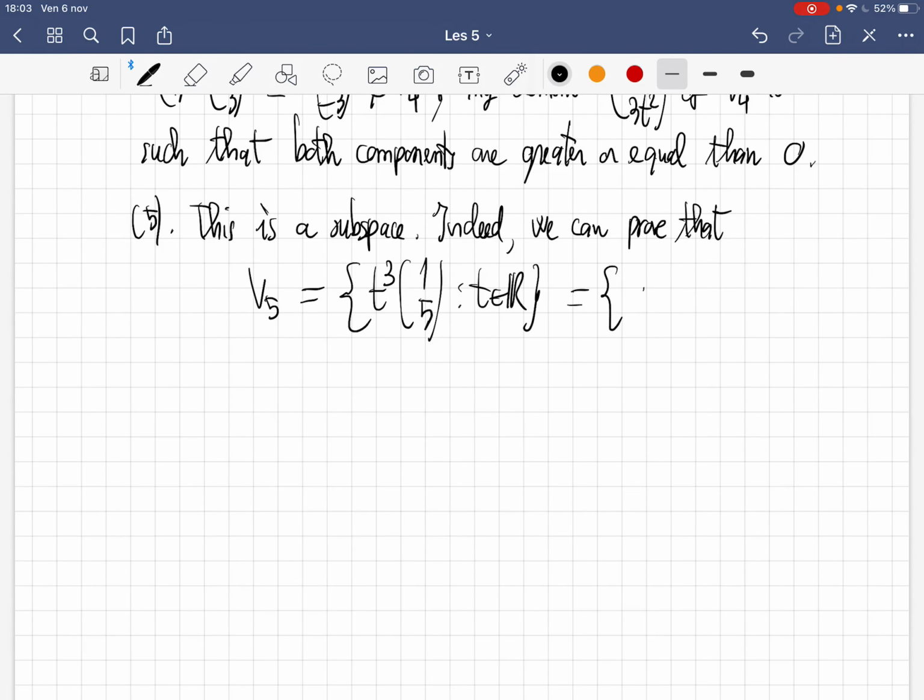Is actually equal to {s(1, 5) : s in R}, which is then again the span of (1, 5). And yeah, so let's check this.